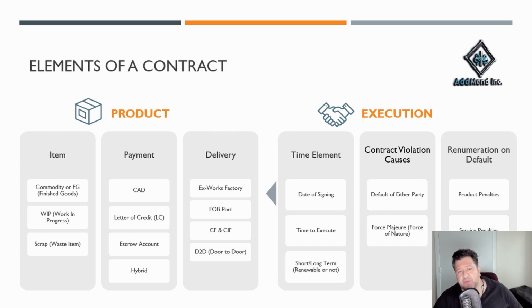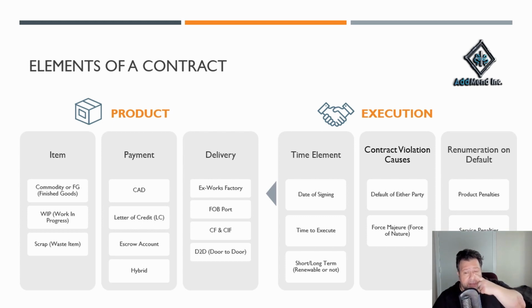Delivery, shipping. Ex-Works factory. Some sellers sell you Ex-Works factory: this is my factory, you come pick it up from here. That's called Ex-Works. FOB port. FOB is a term that could be used for FOB factory, free on board, or FOB port, free on board port, which means they deliver either at the factory, but they have to specify FOB factory, or at the port when they say FOB port.